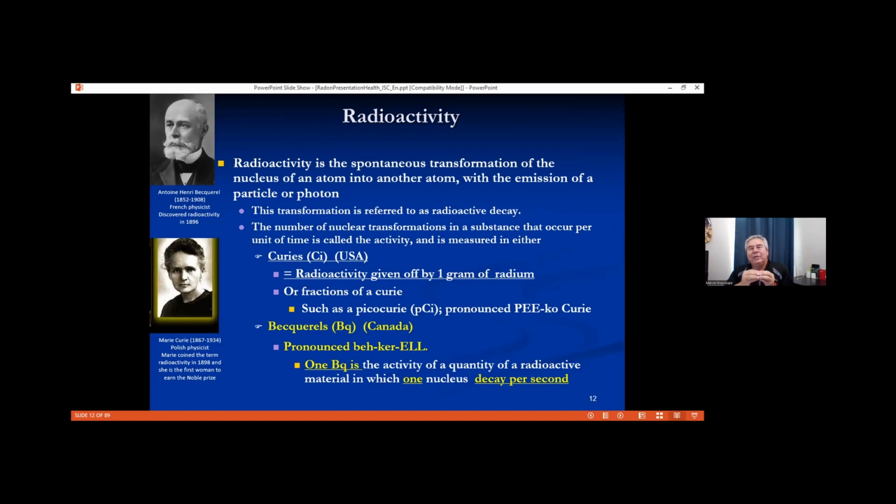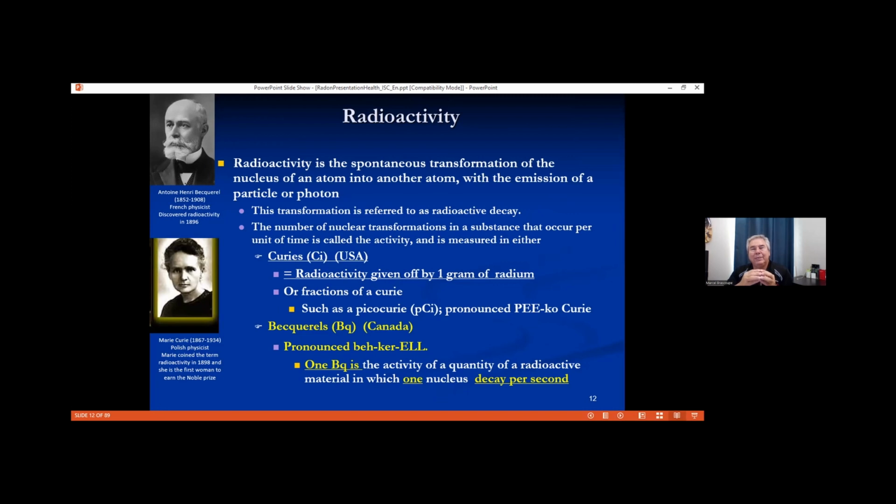It's going to disintegrate, release energy in the process, and in most cases, it's that energy that's going to be dangerous for our health. So it's going to release energy, and it's going to change into something completely different. So radon is a gas, and once the disintegration process has completed, it's going to change to a metal.